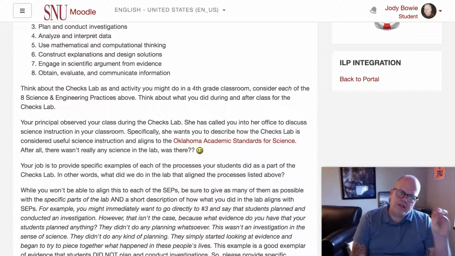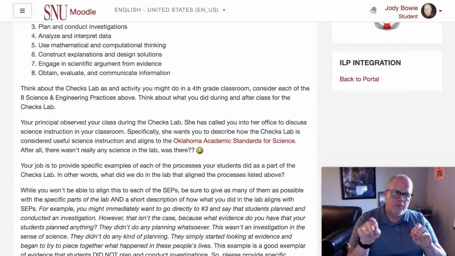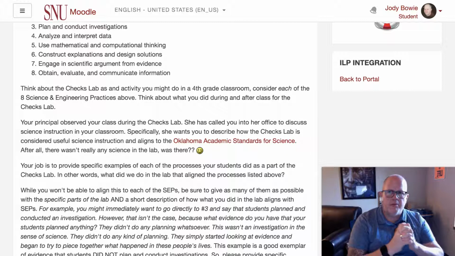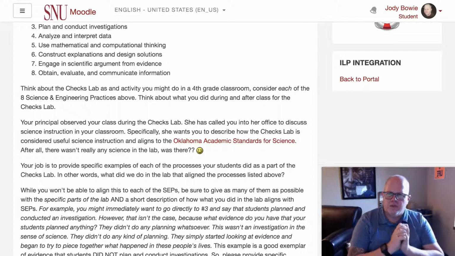So here's the thing that we did, but here's the deeper meaning of what they did. And that is evidence for alignment to one or multiple ones of these. I do expect that you can probably align this to about 4 or 5 of those. You're not going to be able to align it to all of them.